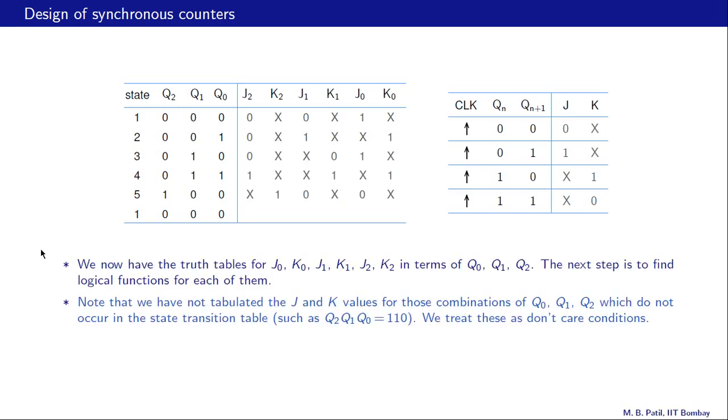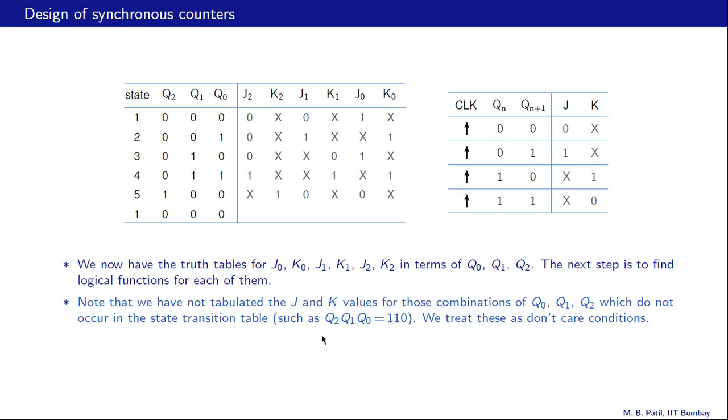And proceeding in that manner, we now have the truth tables for J0, K0, J1, K1, and J2, K2 in terms of Q0, Q1, Q2, this table here. The next step is to find logical functions for each of them. And note that we have not tabulated the J and K values for those combinations of Q0, Q1, Q2 which do not occur in the state transition table.